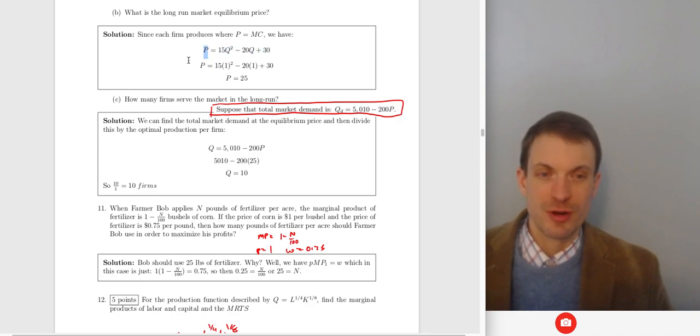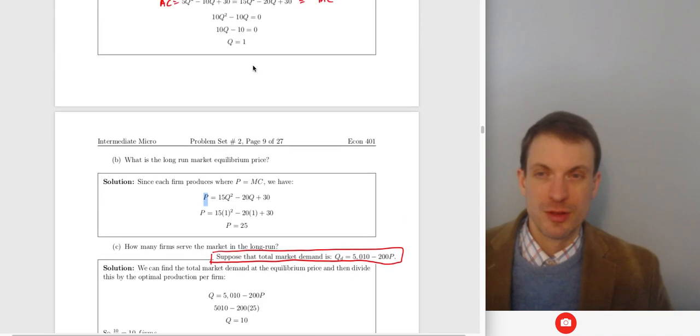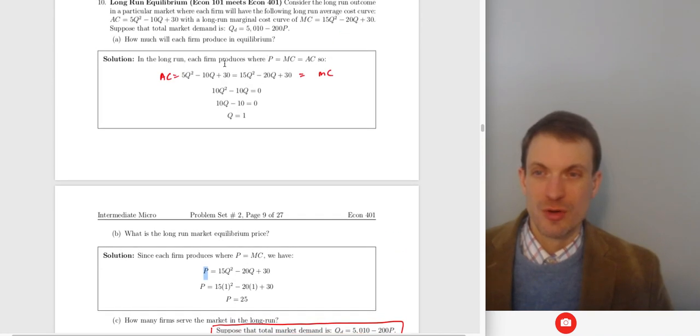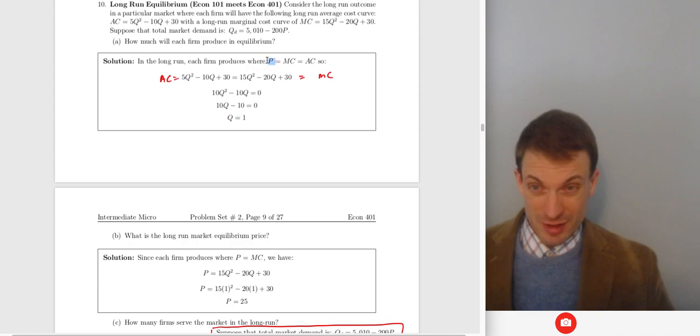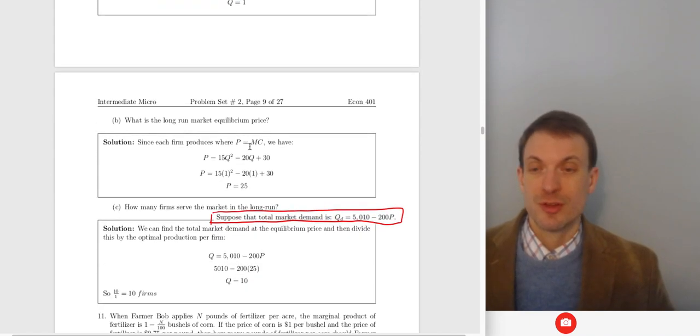In the long run equilibrium, they'll produce where there's 0 economic profit. So we want price equal to marginal cost equal to average cost. Marginal cost is equal to average cost, and we find the quantity that makes it happen. It was 1. Now let's find the associated price by exploiting the fact that it's going to be equal to marginal cost. So we'll evaluate marginal cost at the quantity of 1, and we find a price of 25.